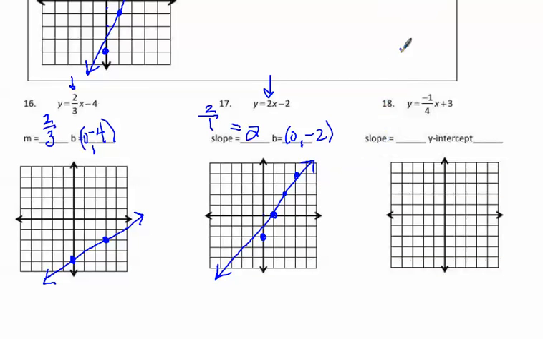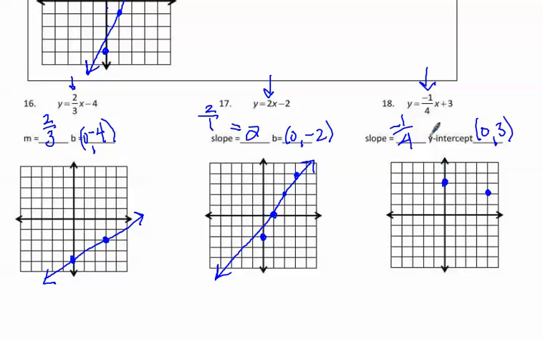Number 18, y equals -1/4x plus 3. My slope is the -1/4, and my y-intercept is 0, 3. Start at your y-intercept, which is at 0, 3. Then you're going to go down 1, right 4. Down 1, right 4.